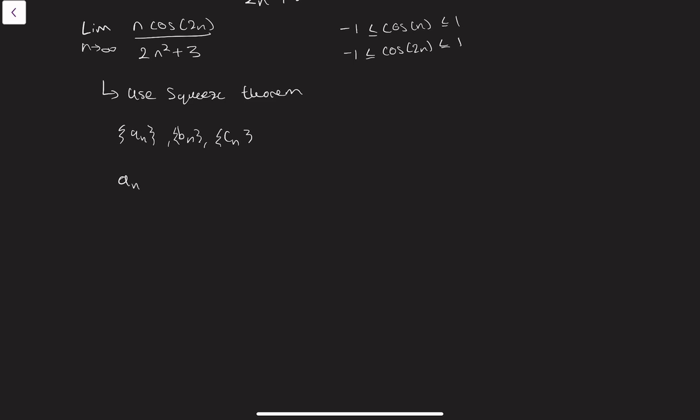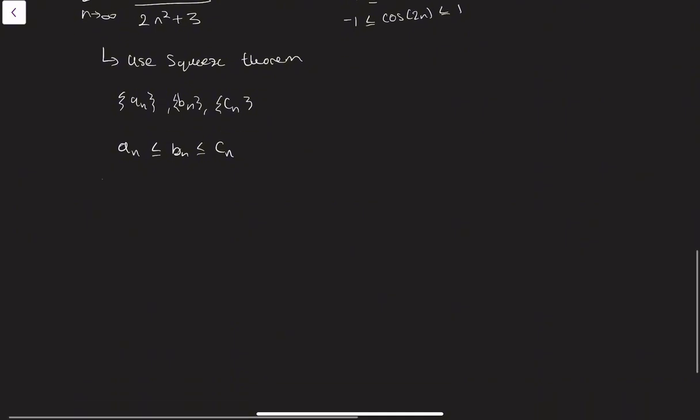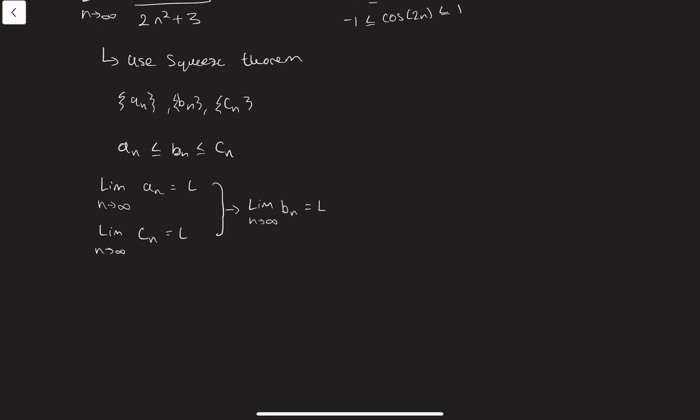If bn is bounded by an and cn, and we say that the limit as n approaches infinity of an is equal to L, and the limit as n approaches infinity of cn is equal to L, then since the middle sequence is bounded by these two sequences, we can say that the limit as n approaches infinity of bn is equal to L. And we need to prove that somehow.